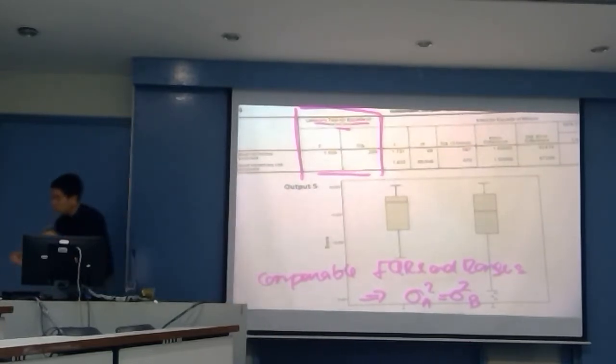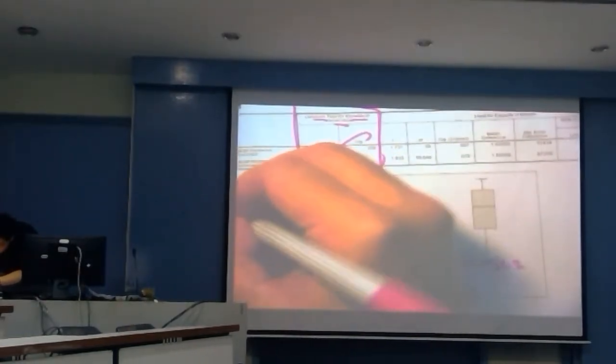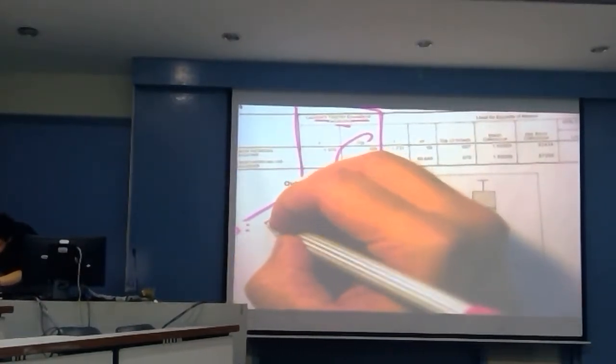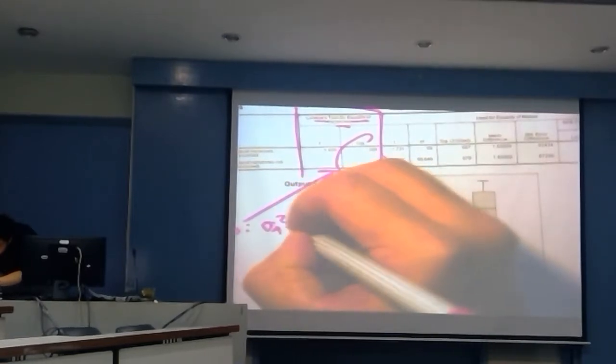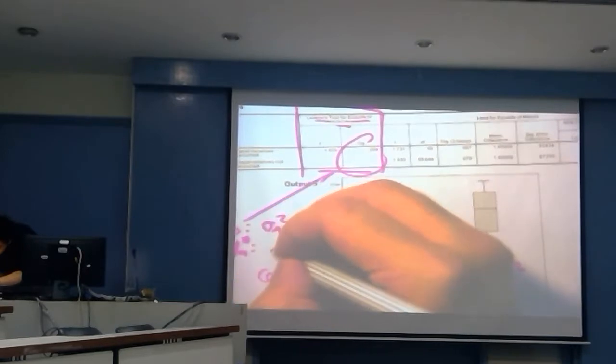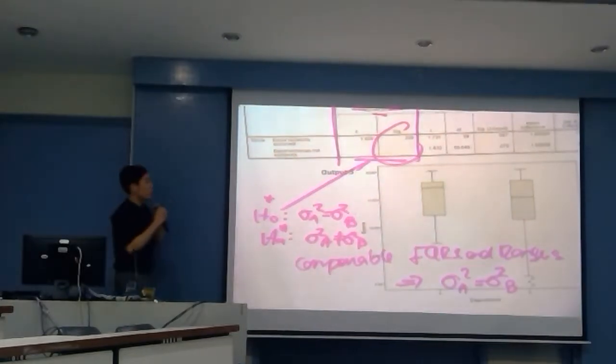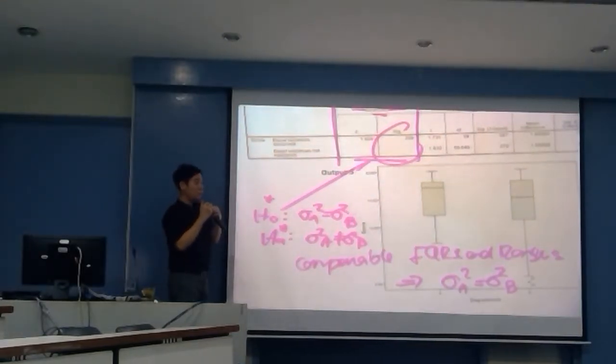So right now, if you pick H0 you assume equal variance. If you choose HA means not equal variance.